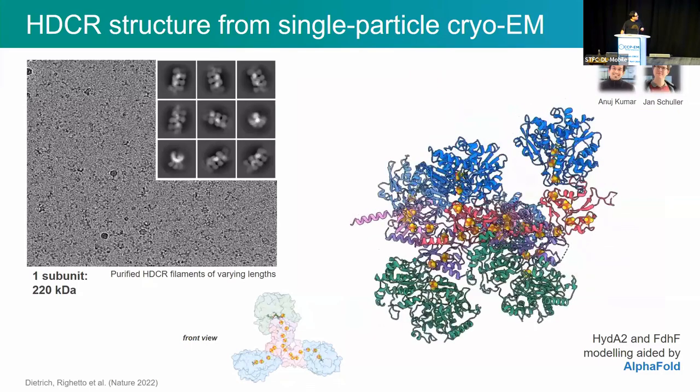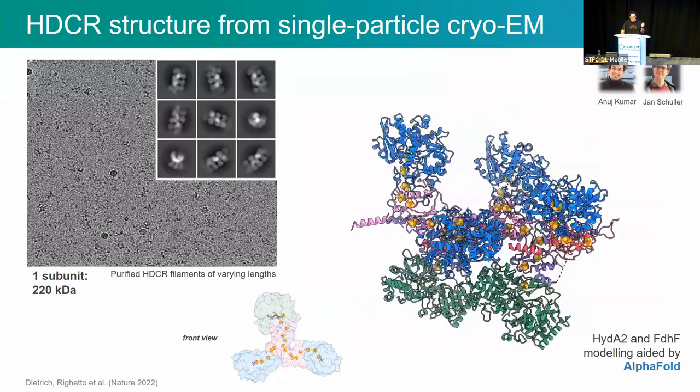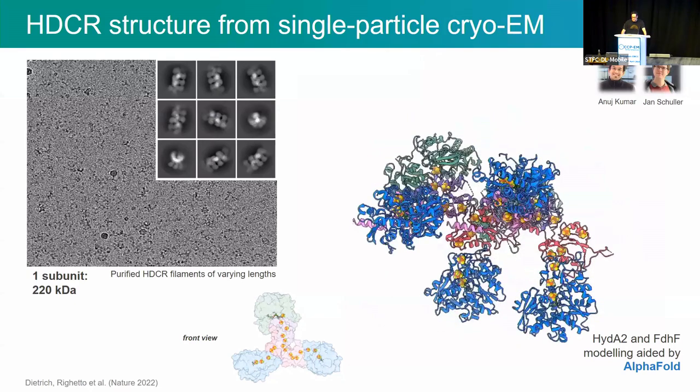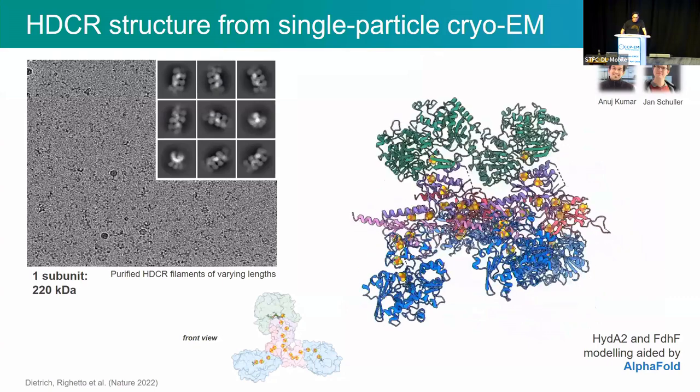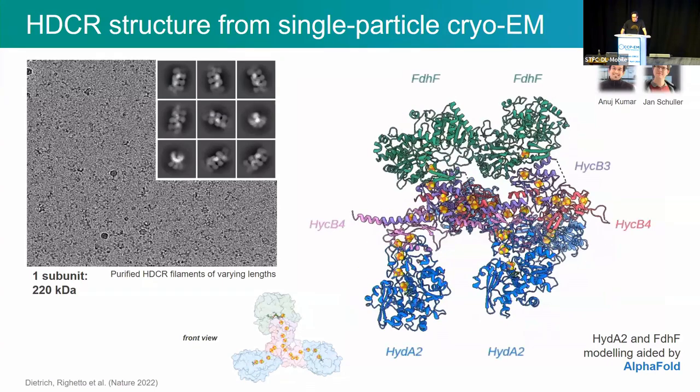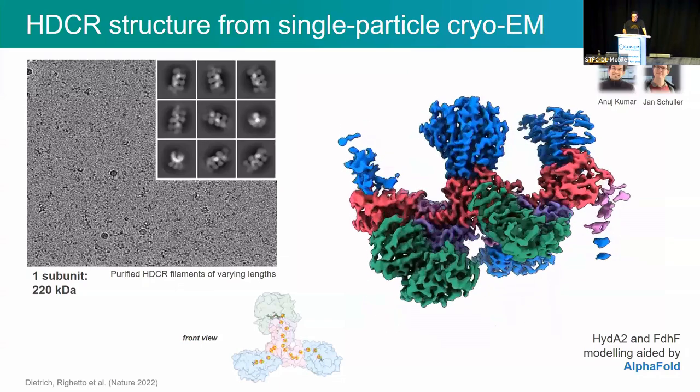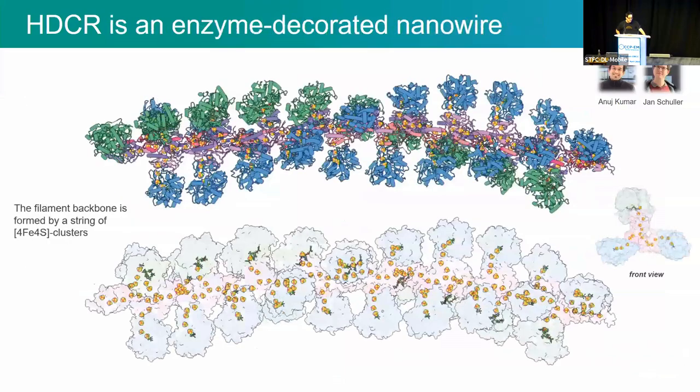And as you can see, there are many iron sulfur clusters which are shuttling electrons around the protein. Some parts of the map were quite difficult to model, and for that we used AlphaFold to help us.